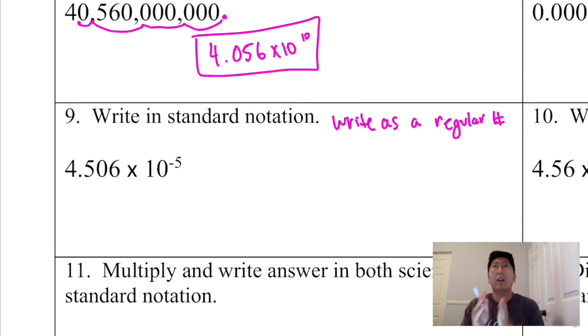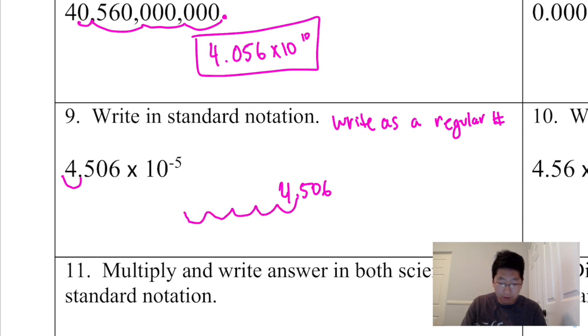That means that this number is going to be very small. So we need to take this decimal point and move it over to the left. 4.506, and we'll move it over 1, 2, 3, 4, 5. So there are 4 zeros. Our answer is going to be 0.